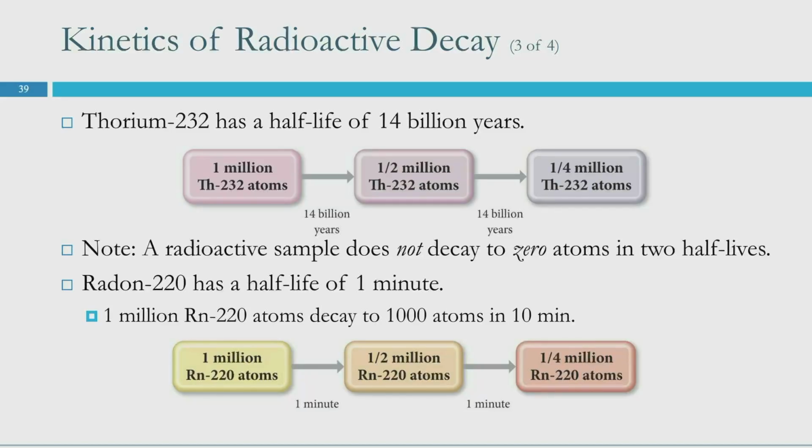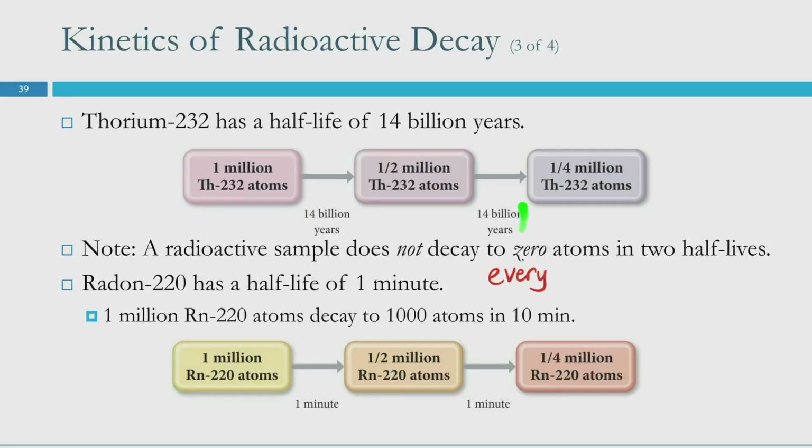Thorium-232 has a half-life of 14 billion years. So that could have just been generated one time, maybe at the Big Bang, and a lot of it would still be around. 14 billion years, that's a long time. If we start with 1 million thorium-232 atoms, after 14 billion years, it gets cut in half.